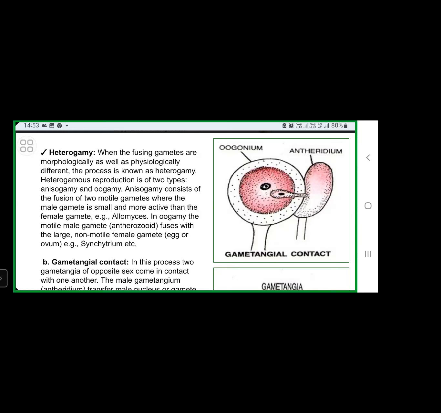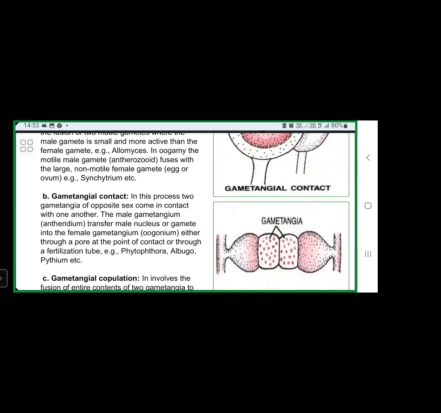Coming to second type of sexual reproduction, which is called gametangial contact. What is this gametangial contact? Here, two gametangia, that means gametes or gamete-like structures, which belong to two opposite sexes, just come in contact with each other.